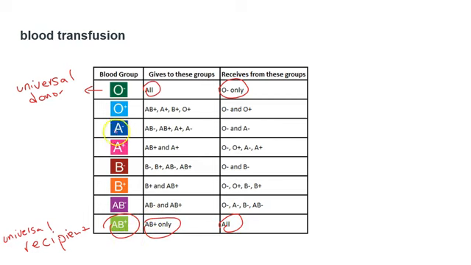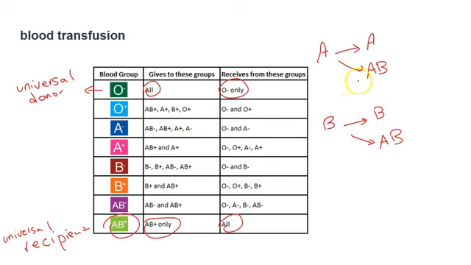Then type A can donate to A and AB. A can donate to A, obviously, and AB, because AB already knows antigen A. And then type B can donate to B and AB, because they already know antigen B. Okay?